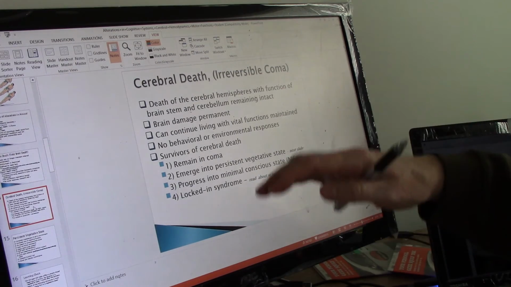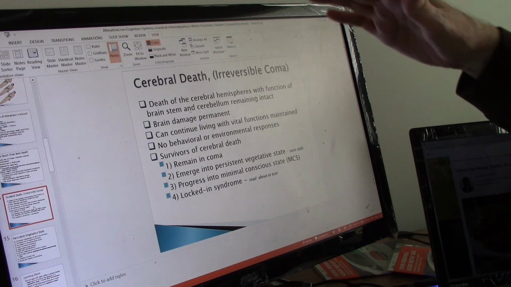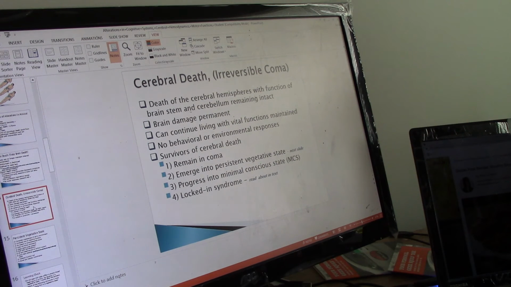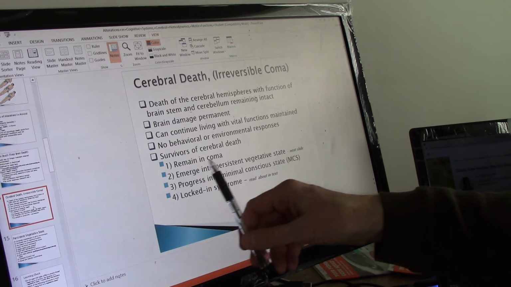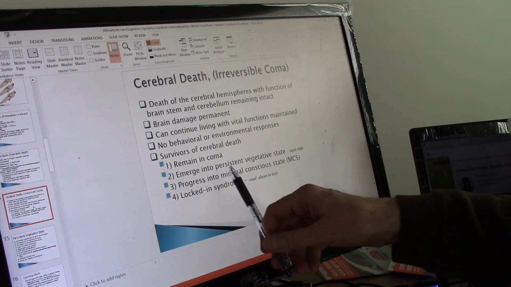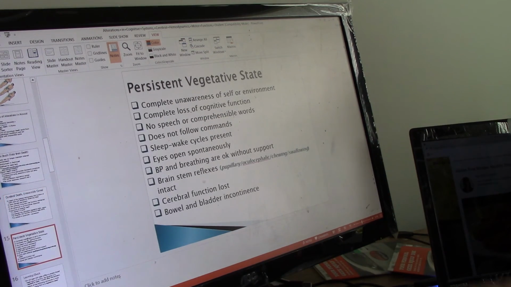Those areas of the lower and midbrain will remain intact, so they can still maybe run the lungs, run the heart, but you will not get that upper brain activity associated with thinking and fine touch, fine motor skills, etc. That's all gone. So even if somebody survives this, they would remain in coma in what we call a persistent vegetative state. Persistent vegetative state is described in the next slide here.